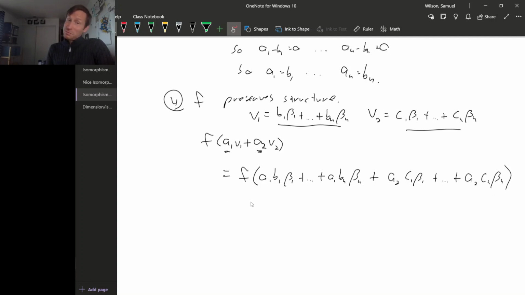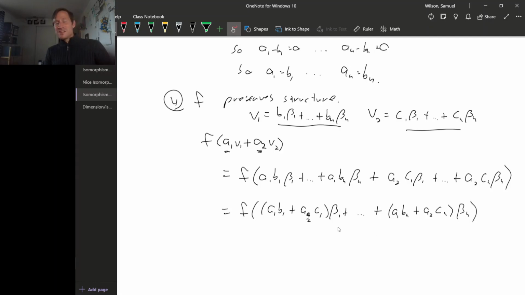And now we can gather up like terms according to the beta that appears in each term. So this is (a1 b1 plus a2 c1) times beta 1 plus dot dot dot. And then let's gather up our beta n terms: (a1 bn plus a2 cn) times beta n.